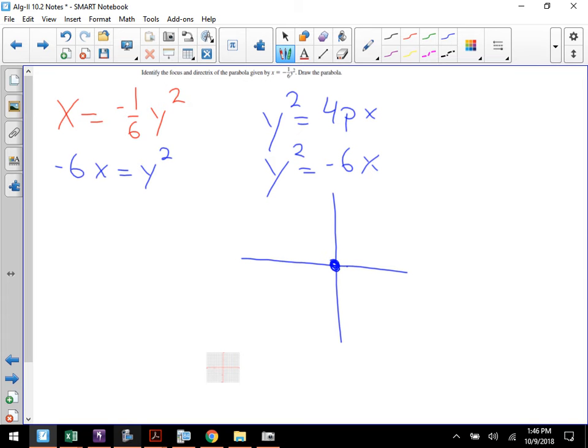With parabolas, you're going to get some algebraic statement like this: y squared equals -6x. That -6 represents the 4p, which means I'm going to solve for p. -6 is playing the role of 4p. Very good.